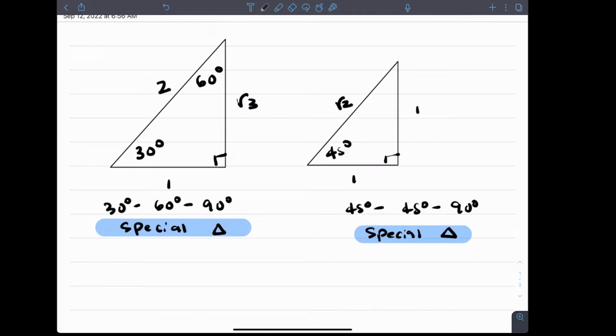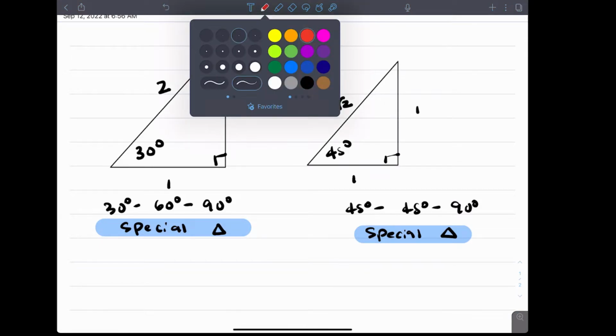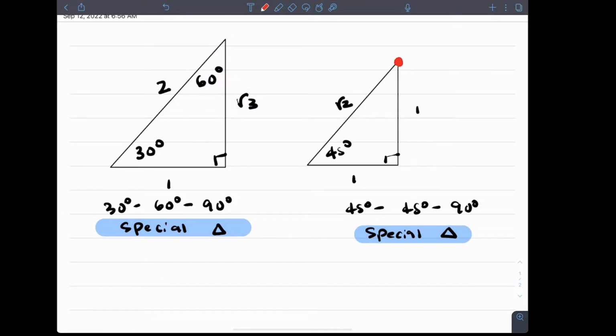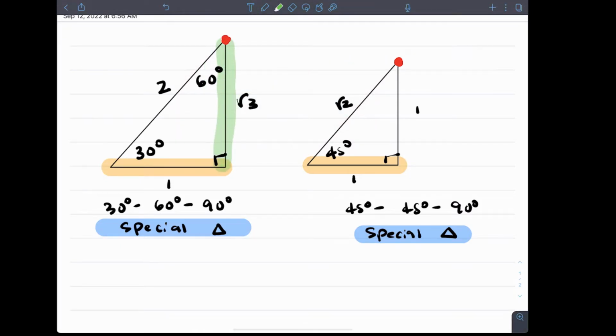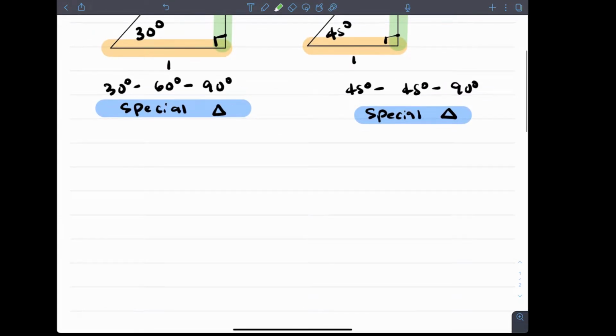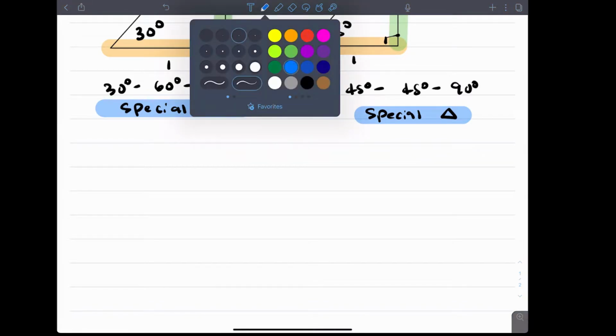Now, the reason I bring this up is because I want you guys to focus right in here at this very special point. Here and here. We'll leave that as orange and leave this here as green. Because in that picture of your circle, let's try to draw a circle.